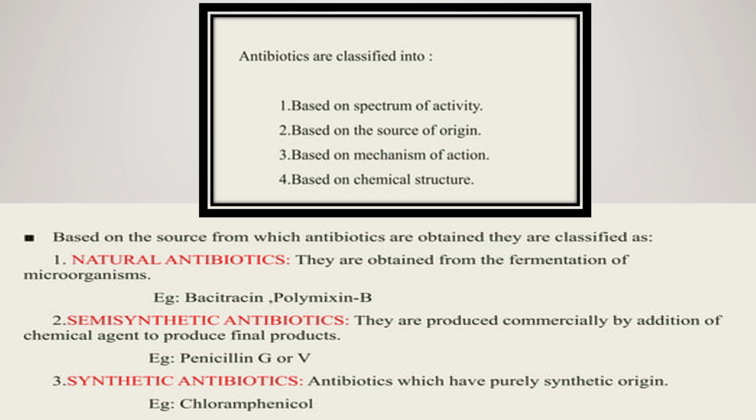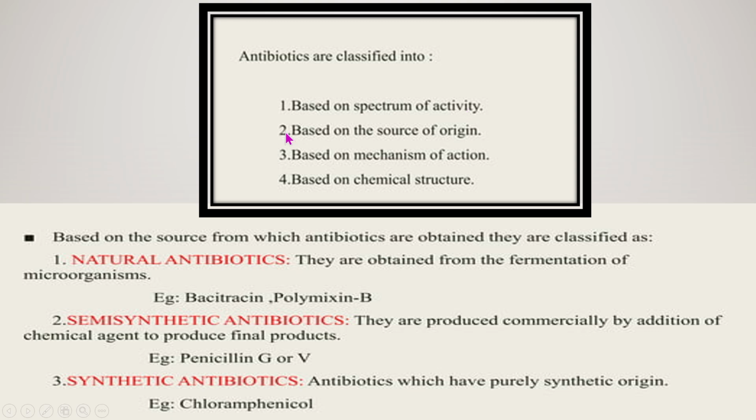Those antibiotics which show activity towards gram positive as well as gram negative microorganisms, that means a broad spectrum antibacterial action, are categorized as broad spectrum antibiotics. So these are the 2 categories under the classification based on the spectrum of activity.